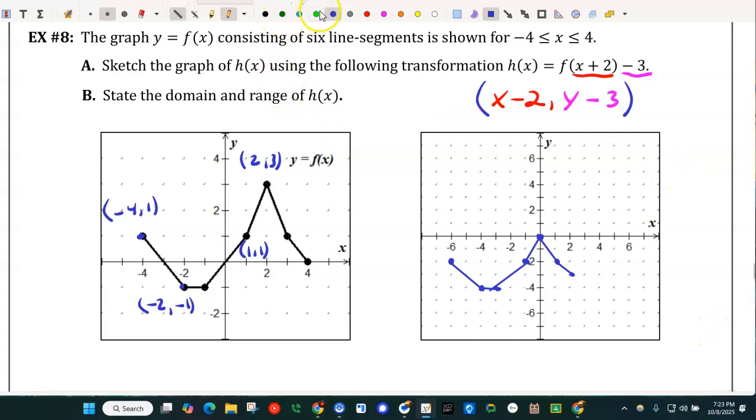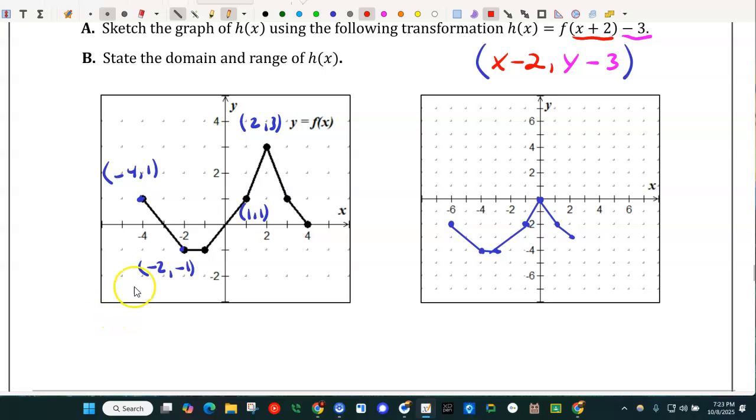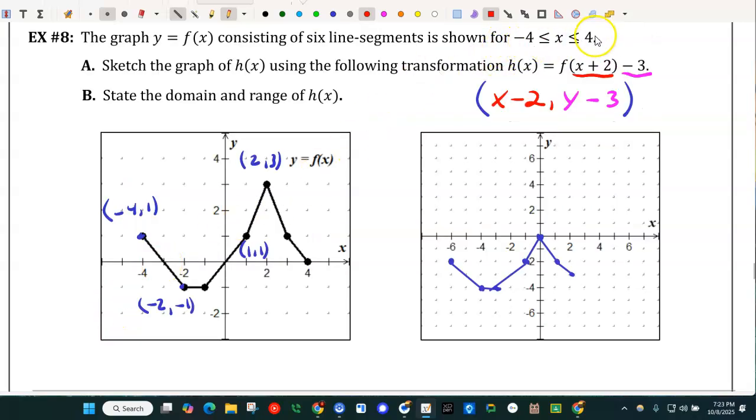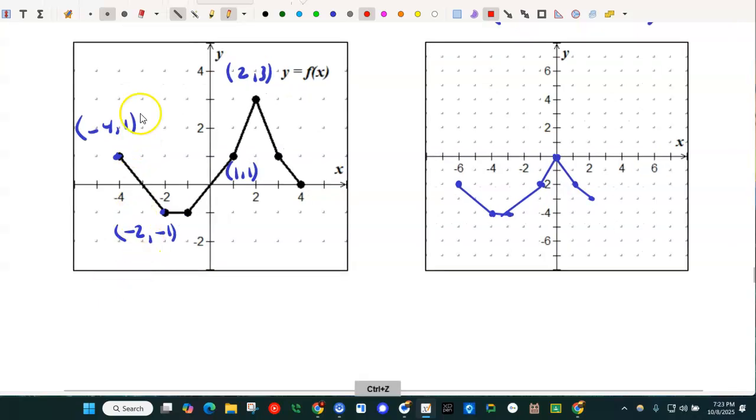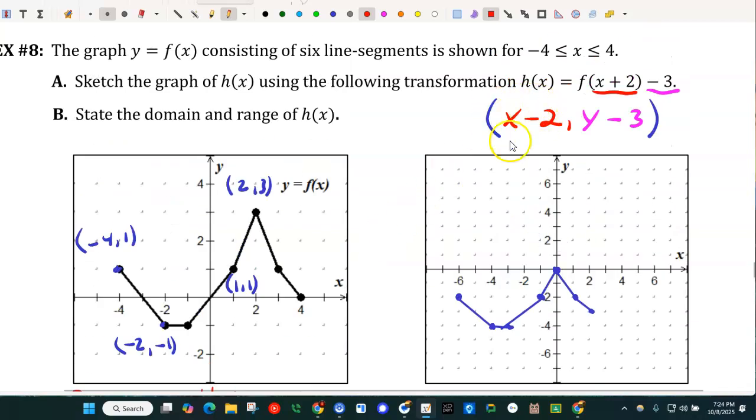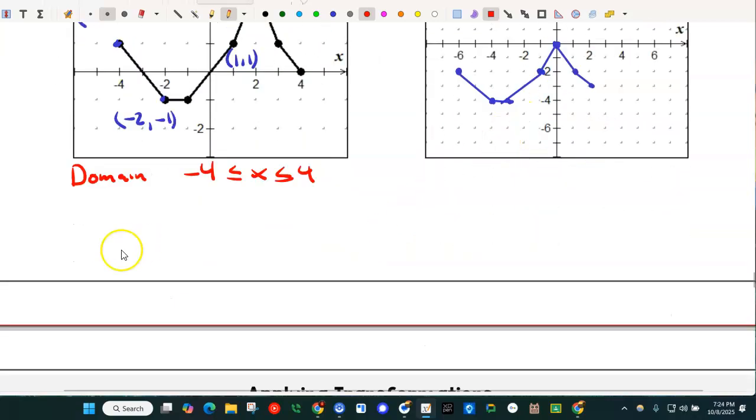All right, next, did we answer everything? Oh, part B, state the domain and range. Okay, so our starting domain was negative 4 to positive 4. And because our rule was to subtract 2, right?